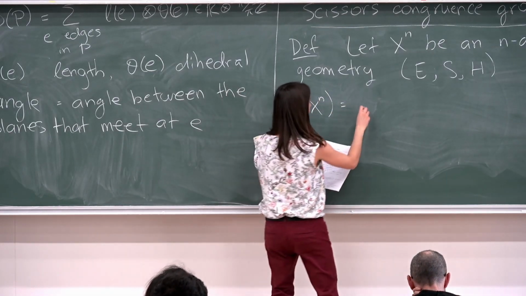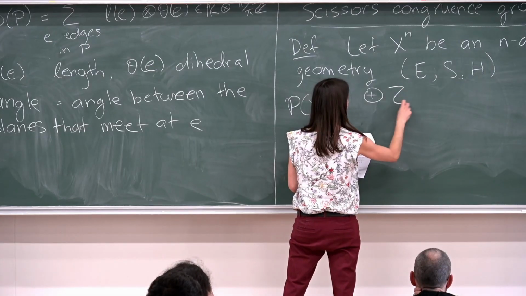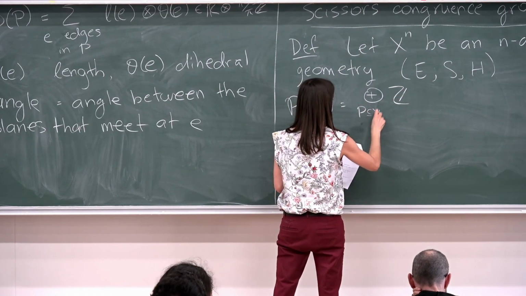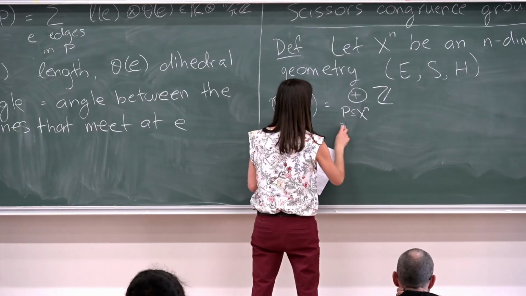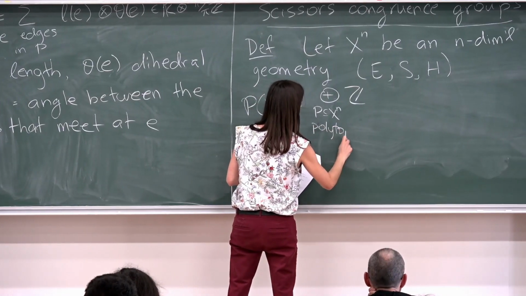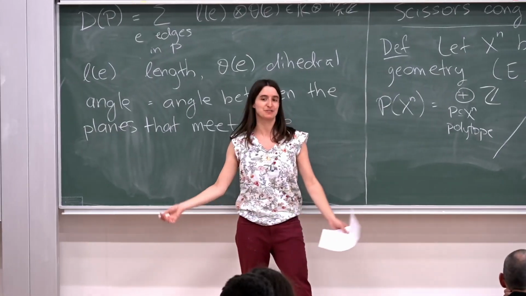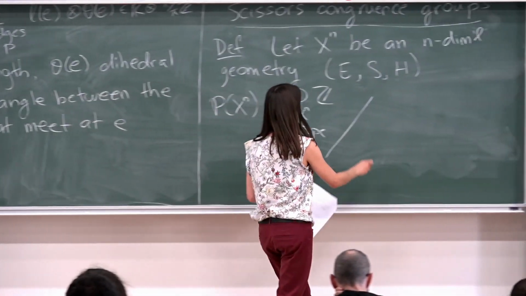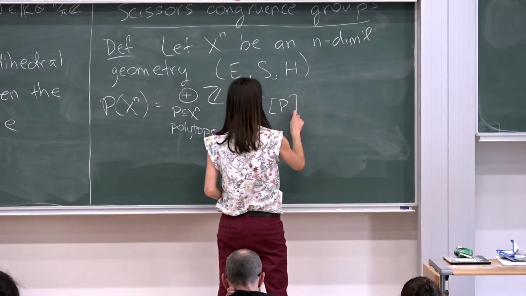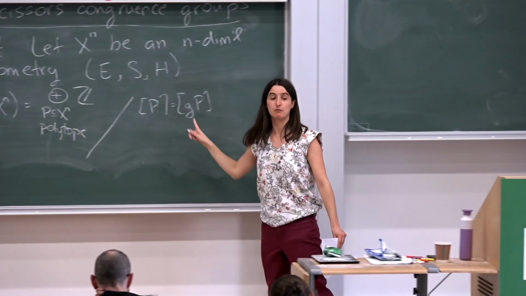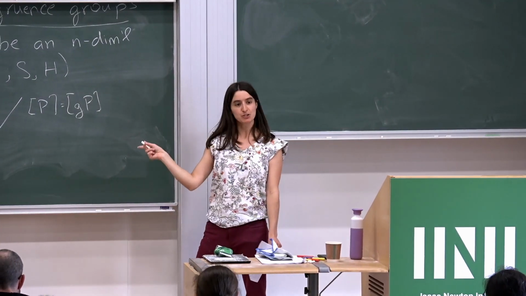is this free abelian group on polytopes modulo scissors congruence, basically. So there's a thing where we mod out by isometries.